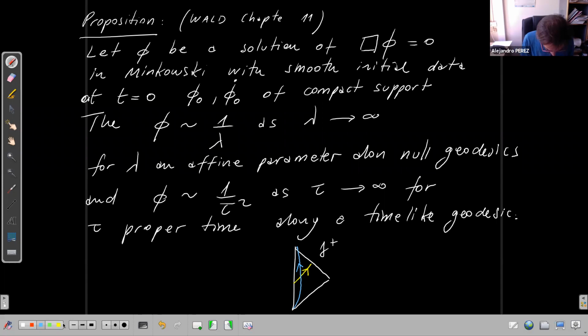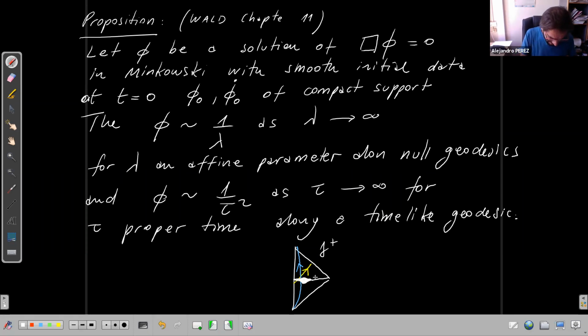This holds for solutions of the Klein-Gordon equation that have been given smooth initial data of compact support. So this is a very nice physical property of radiation, or of the solutions of the Klein-Gordon equation, which represents a massless scalar field physically.